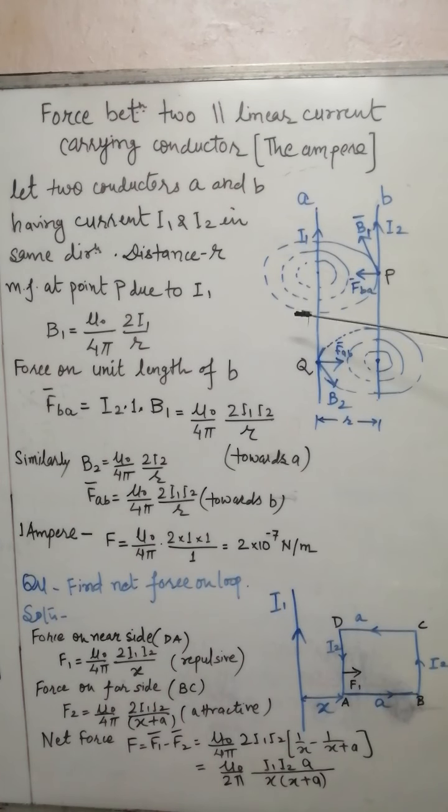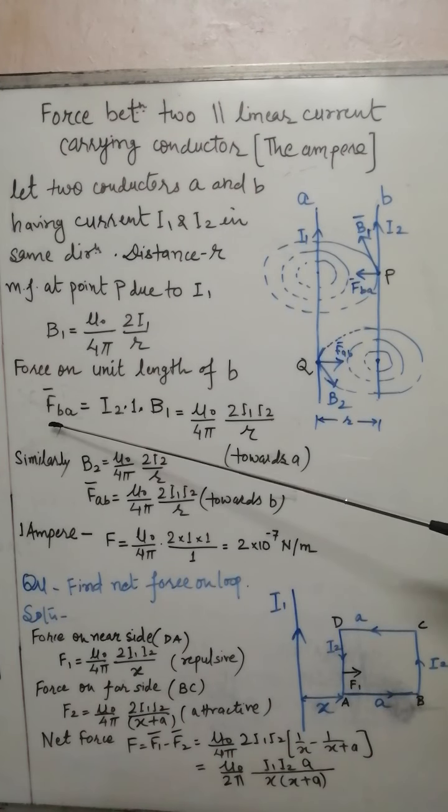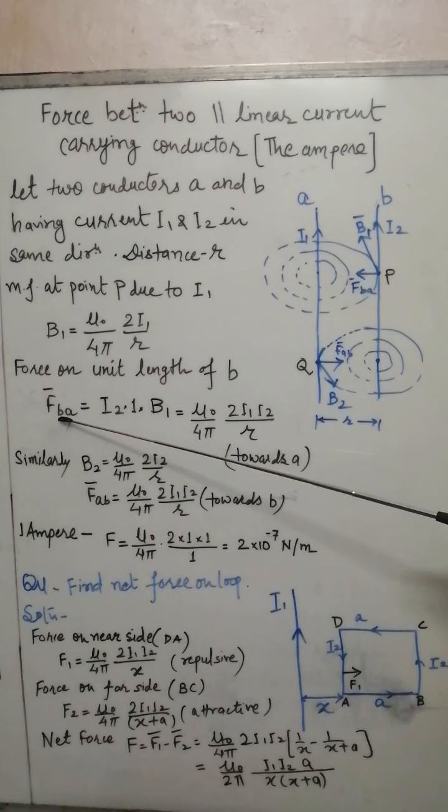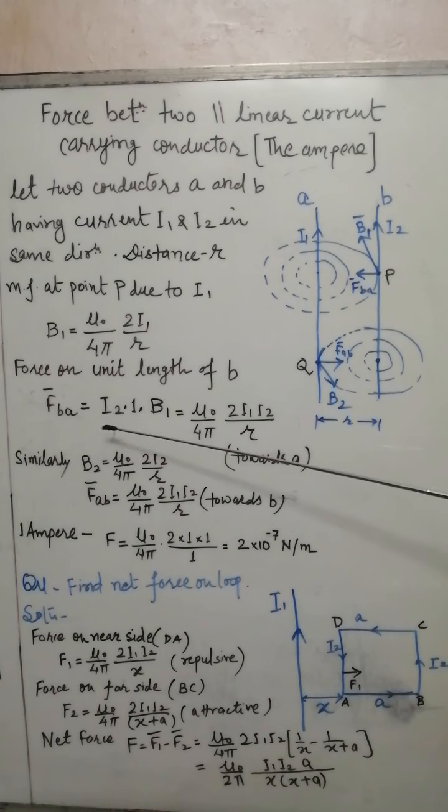The force experienced by this conductor B, we will talk about it per unit length. So the force on unit length of conductor B, force on B due to A, is equal to ILB. I is the current in this conductor, which is I2.